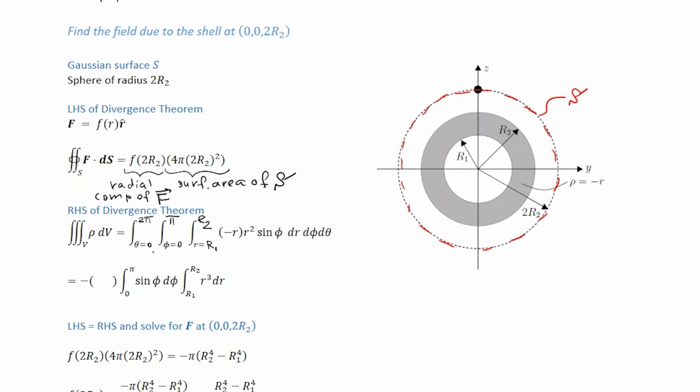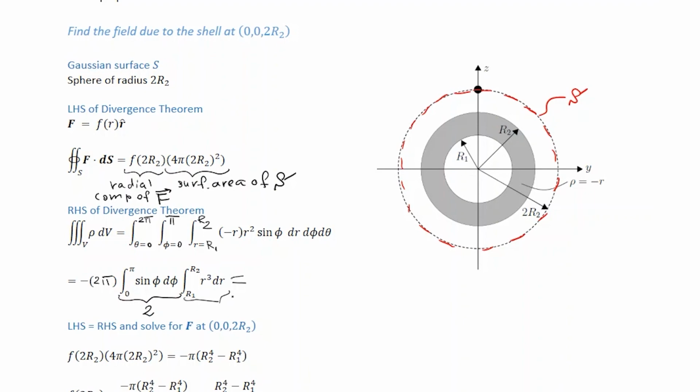Now let's integrate over theta. This is going to give us 2 pi. This minus over here came from here. Then we have the integral over phi, which is integrating this. And now what we're left with is the integral over r. Then we have r cubed, and this minus we already took it out. And the integral is from r1 to r2. This integration gives us the following. We already did this calculation.